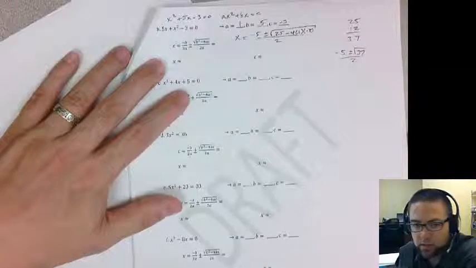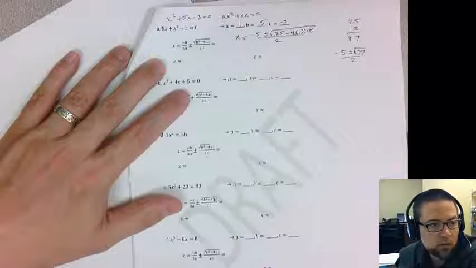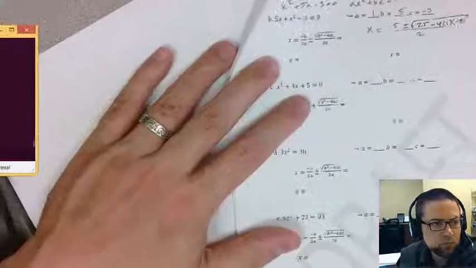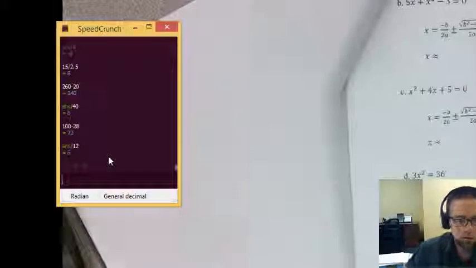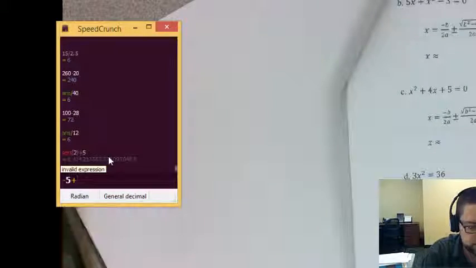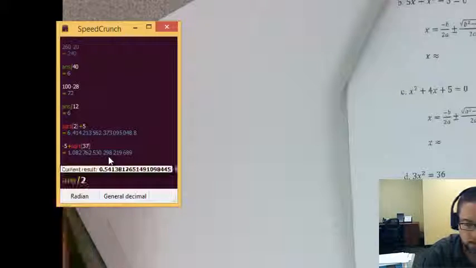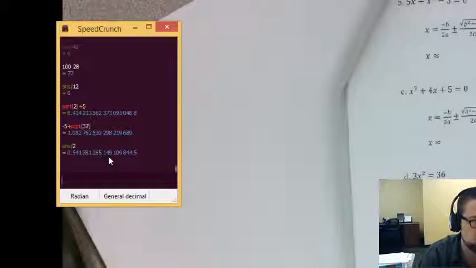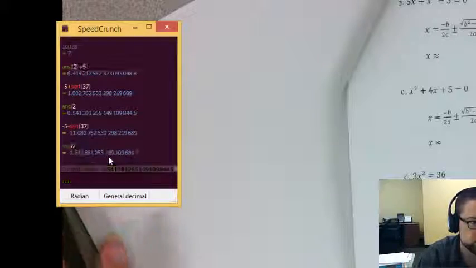So at this point, I just go to the calculator. My computer's slow. Okay. Negative 5 plus the square root of 37, and then that divided by 2. And the other one would be minus the square root of 37, and that divided by 2.